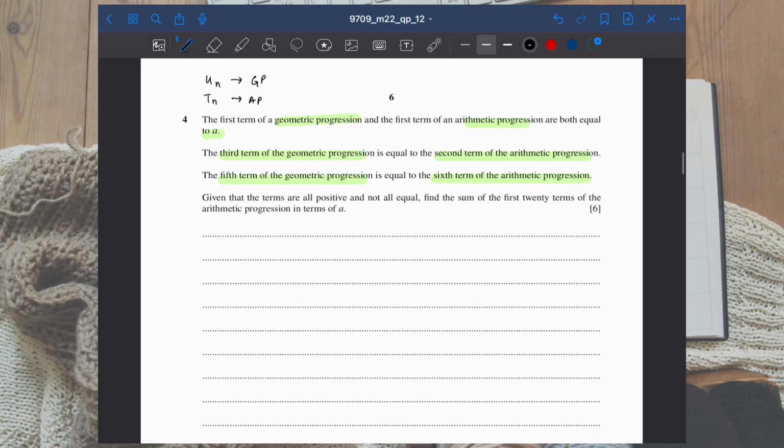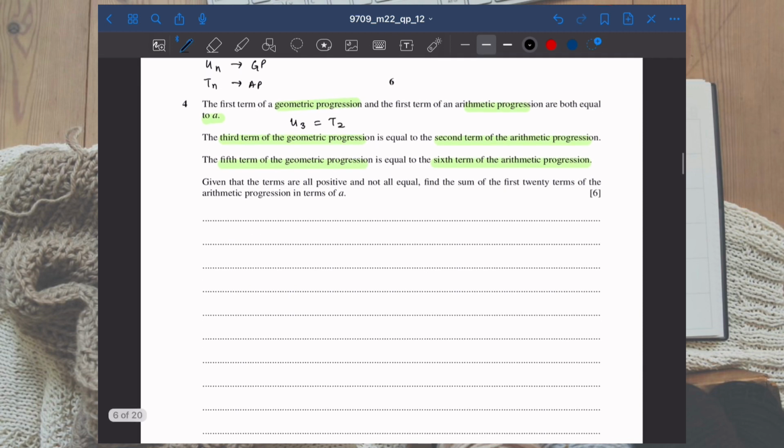So the third term of a geometric progression, U3, is equal to the second term of an arithmetic progression, so it will be equal to T2. And the fifth term of a GP, U5, equals the sixth term of an AP, T6.